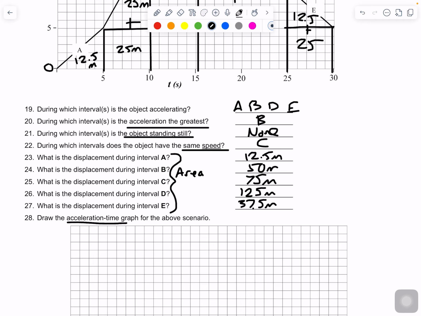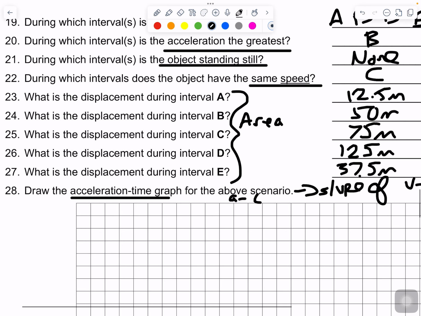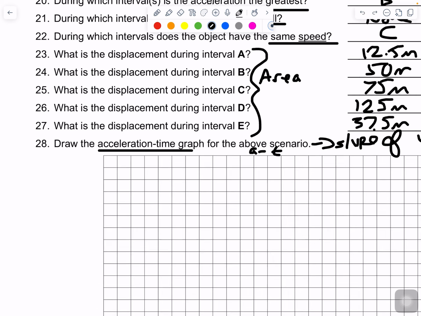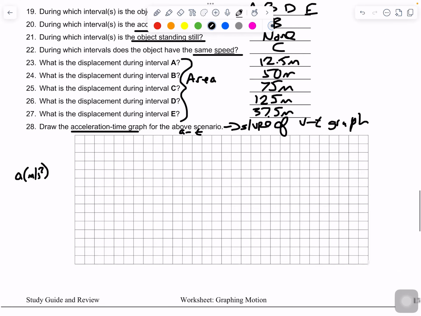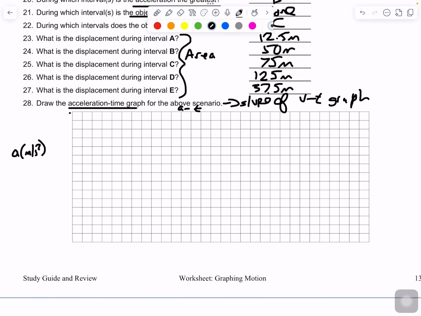Now, to find the acceleration time graph, you need to find the slope of the velocity time graph. Okay, so we're finding an acceleration time graph here. Acceleration versus time. So we'll have acceleration in meters per second squared is the unit for acceleration. That's brand new to us. Go ahead and make your axes.